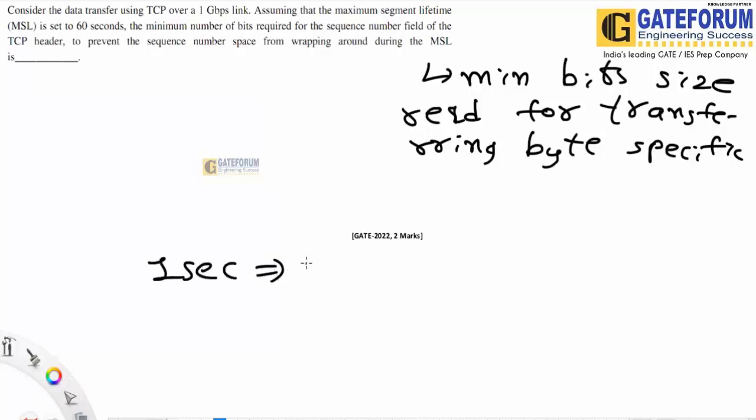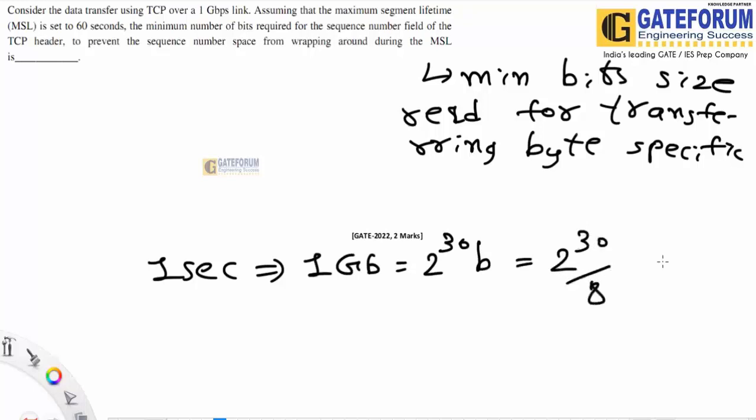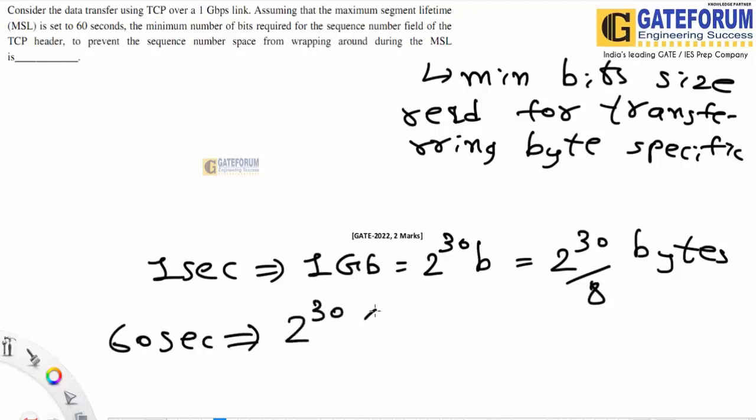We are transferring 1 Gb of data, which is 2 raised to 30 bits, which is 2 raised to 30 divided by 8 bytes. So if you talk about 60 seconds, we will be transferring 2 raised to 30 into 60 divided by 8 bytes.